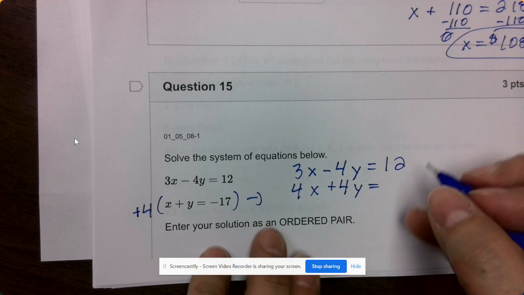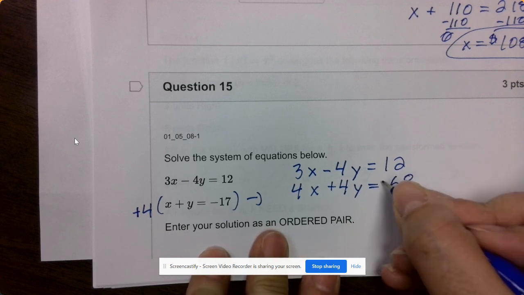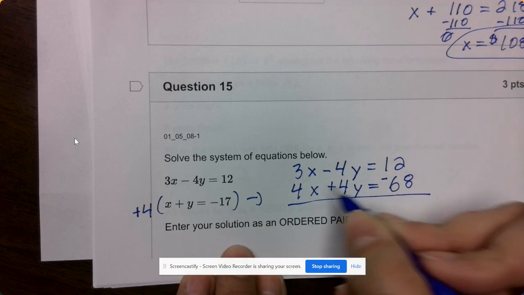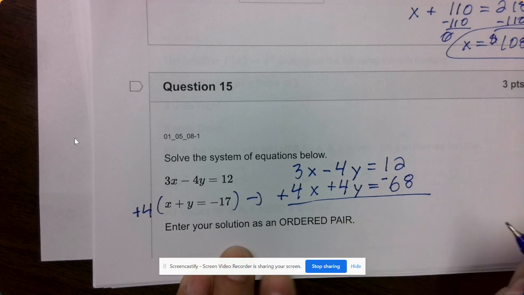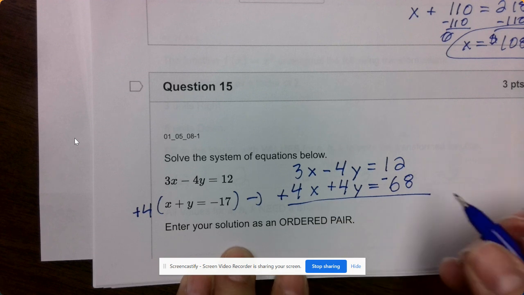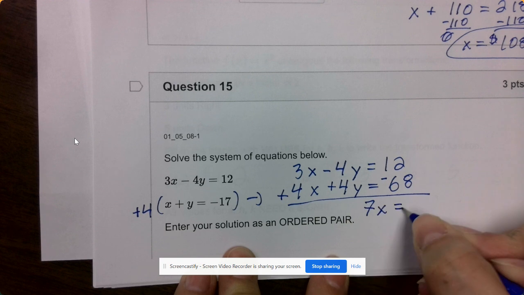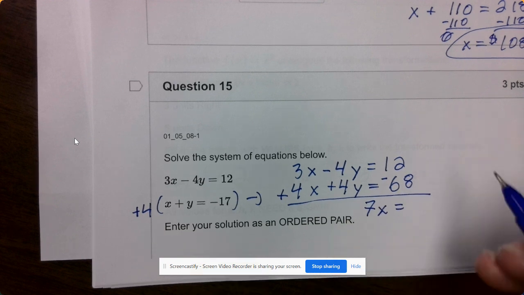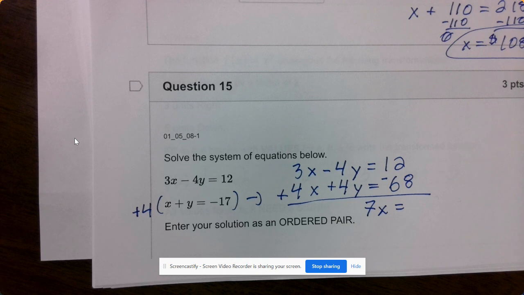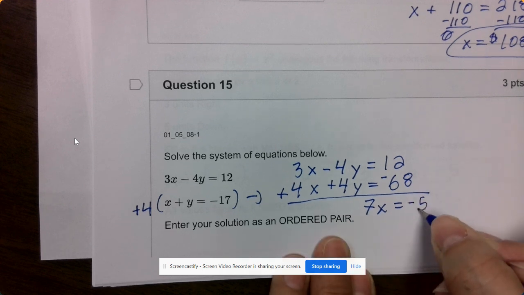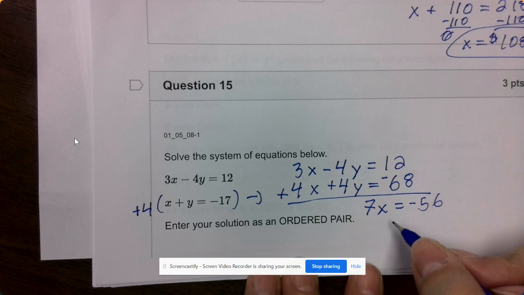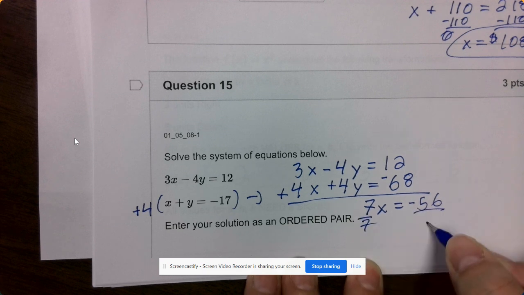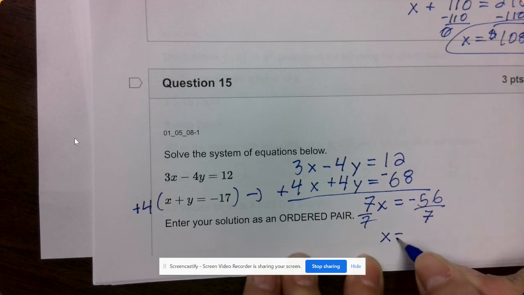It'll be 68. Okay, we're going to add these together. So 3 plus 4 is going to give me 7. Okay, and then that one is going to be negative 56. Divide each side by 7. We get x is equal to negative 8.